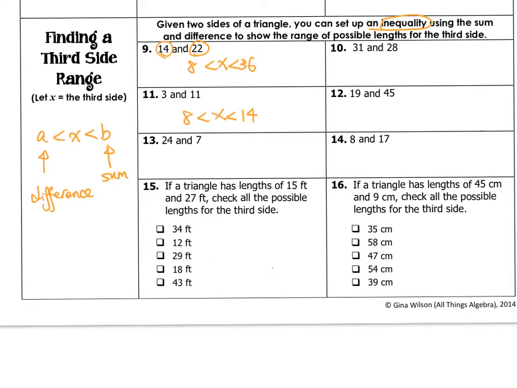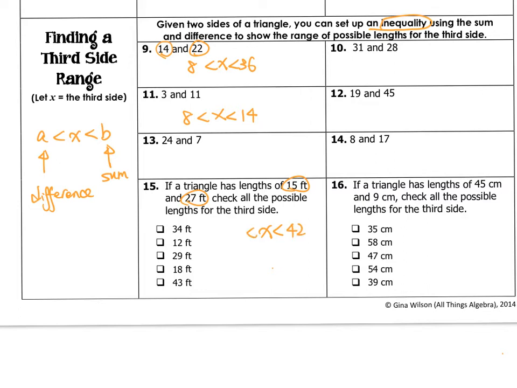Let's look at number 15. If a triangle has lengths of 15 feet and 27 feet, check all the possible lengths for the third side. So if I add the two together, I should have 42.